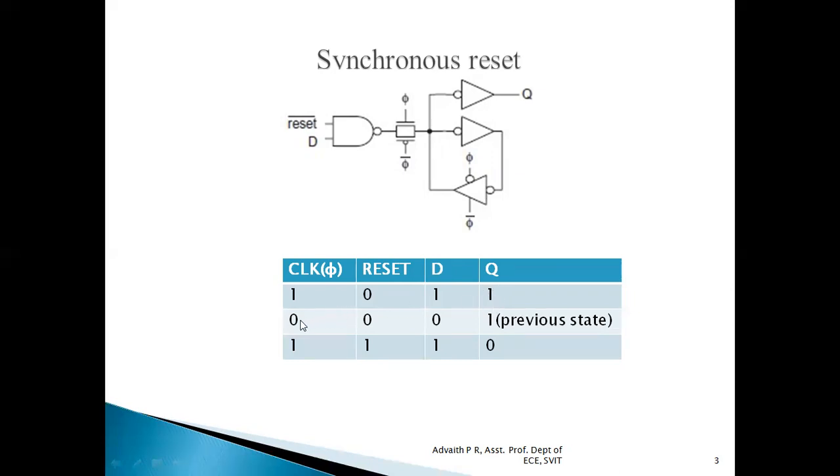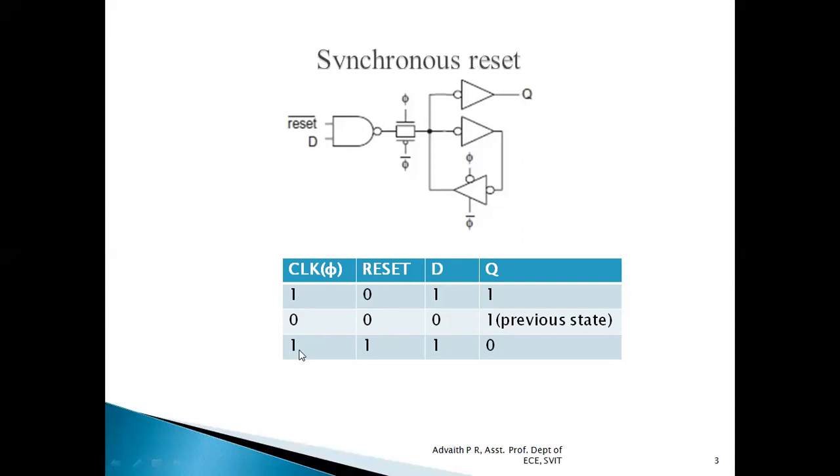For example, if clock is 0 and reset is also 0, even if D input is 0, because clock is 0, the previous state will be retained as it is. That is 1, which was previously present, will be retained. So now let us discuss how this reset function is achieved.